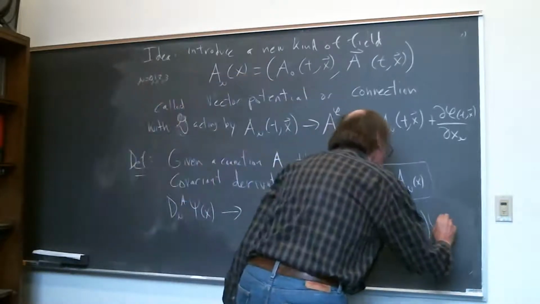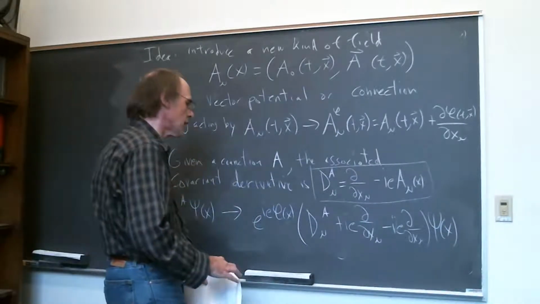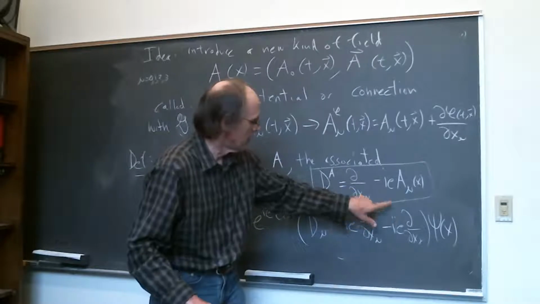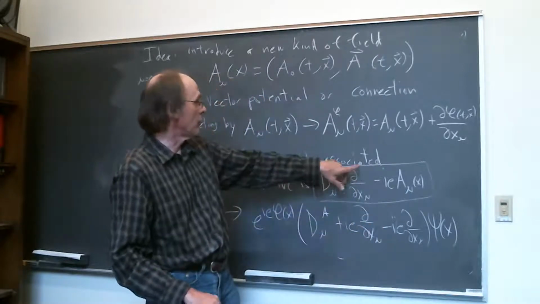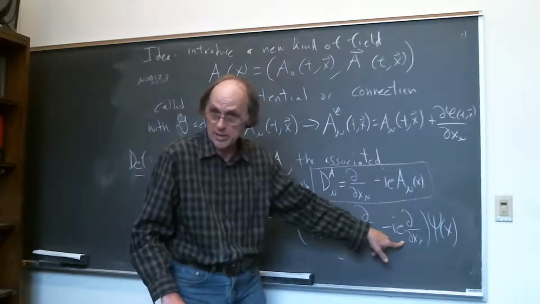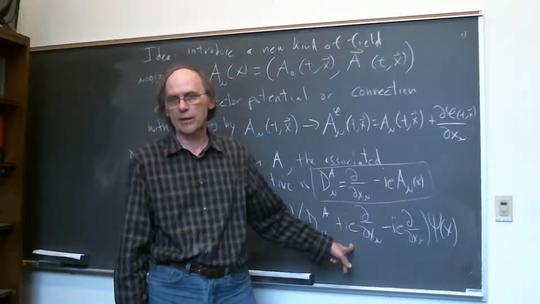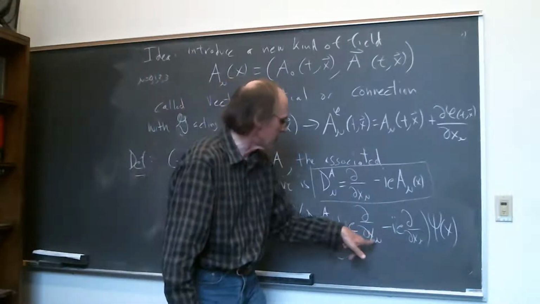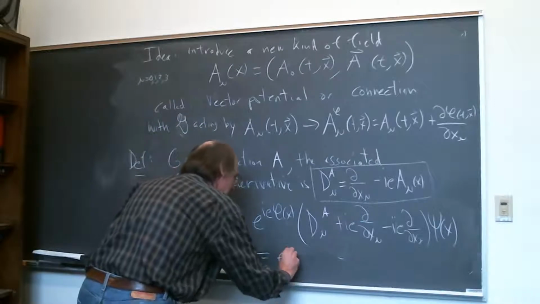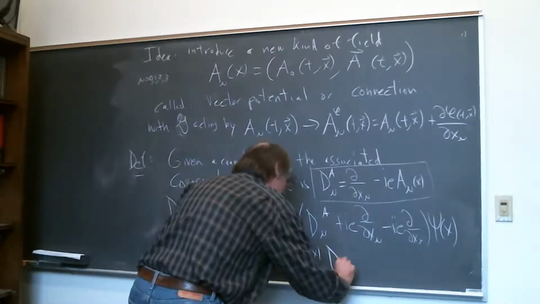The point is that when you change this way, you pick up this term here, and it's going to cancel the problematic term that you had in the calculation before. So these two terms cancel, and you end up with just e to the i e psi of x times the original.